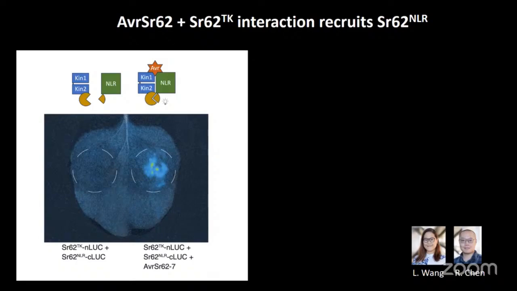So the kinase with the NLR does not interact in the resting state. But when we co-express a functional effector, AvrSr62, then the NLR is recruited to the complex, and you get functional luciferase expression and light. This is very nice, and again, it was a very fast assay to do.